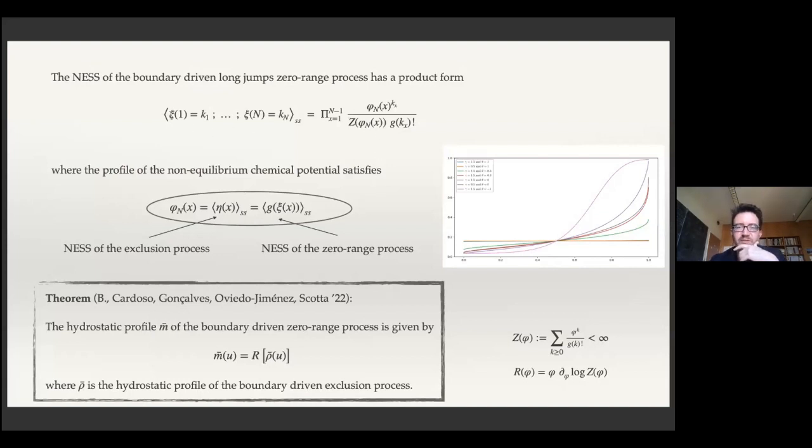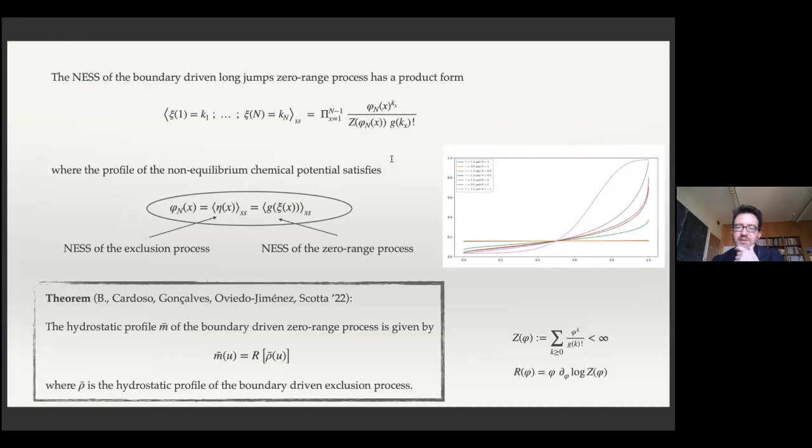It means that, if you want the stationary state, if you want to compute this quantity, k1 particles on site 1, kn particles on site n, then it is just given by the product of these marginals, with a marginal which is driven by some fugacity which is varying with the sites. So on each site you have a different marginal which is driven by this parameter, this phi_N(x). Okay, x is a site and phi_N is some suitable function.